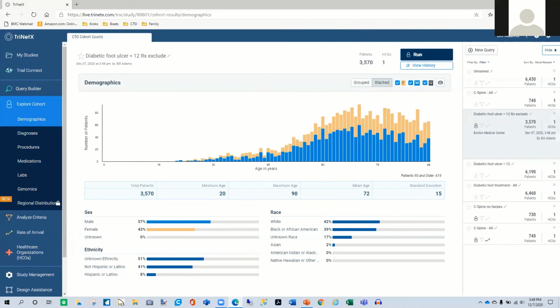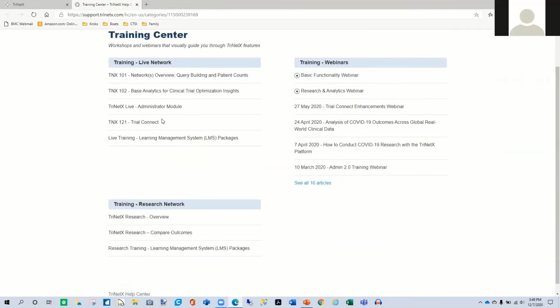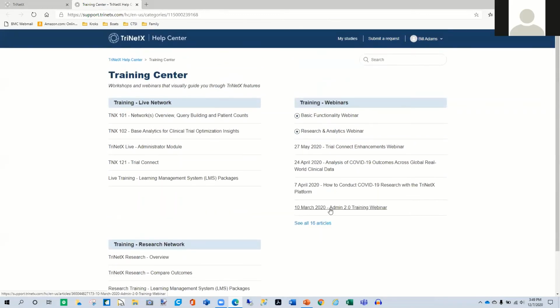The one thing I did want to point out to everyone before I wrap up is this help center. So there is a help center, and then there's a really great training center. They've created some pretty high quality online videos for TriNetX in general, Trial Connect, an introduction to the analytics component that I was talking about, and then some webinars here and some articles.